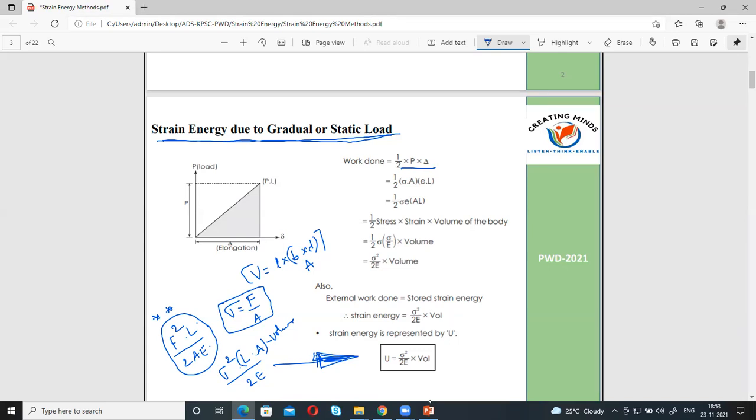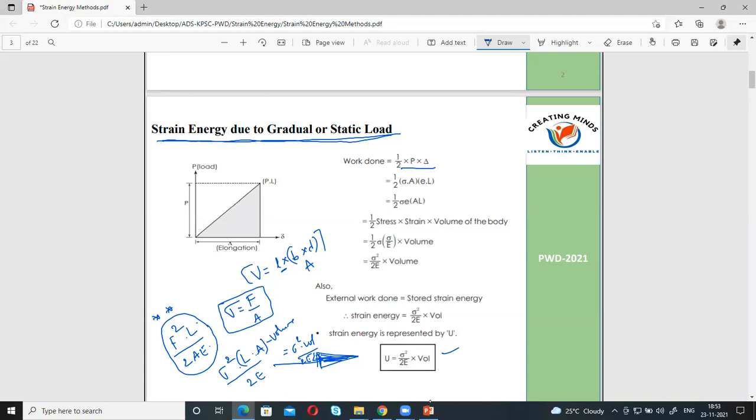That's why I multiplied by A and took sigma square. But L remains the same. What is L into A? That is volume. Length into A is volume. So finally this equation becomes sigma square into volume divided by 2E. The same thing.